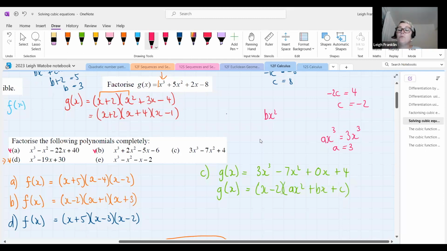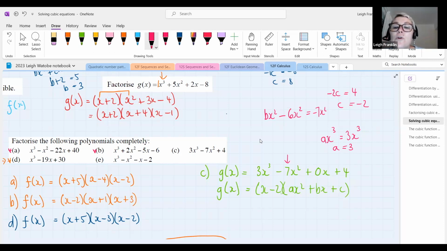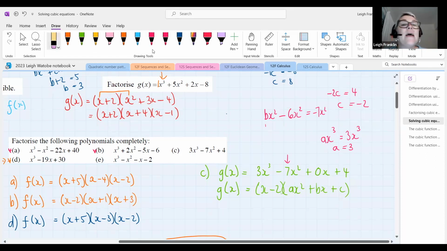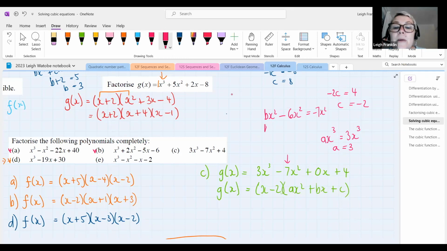Remember a was equal to 3, so you've got -2 times 3x squared, which is -6x squared. And that has got to be equal to -7x squared. So b minus 6 is -7, which means that b would be equal to -1.